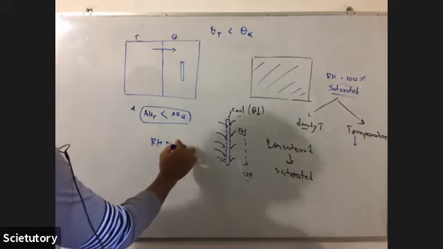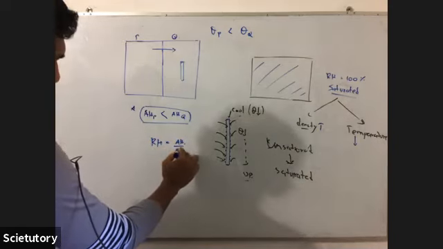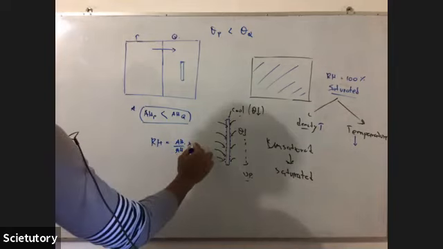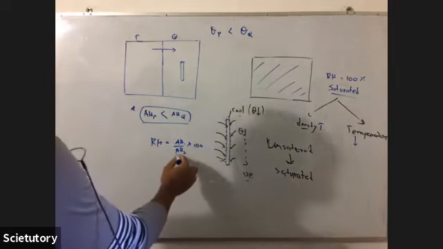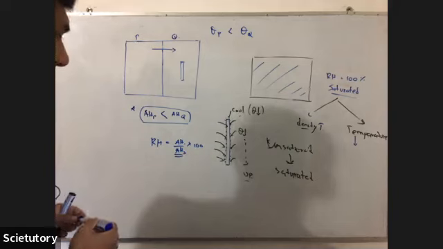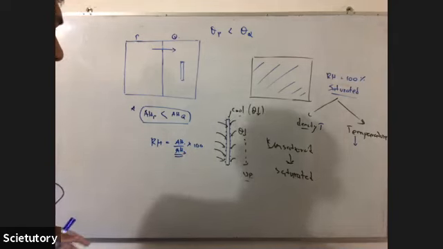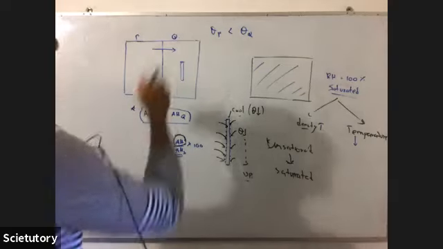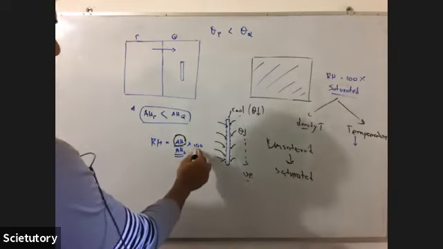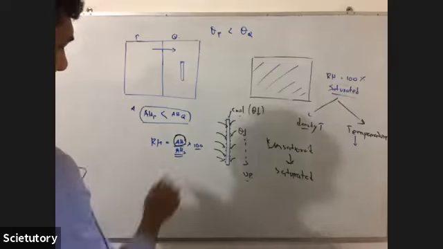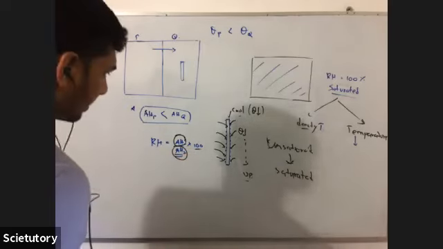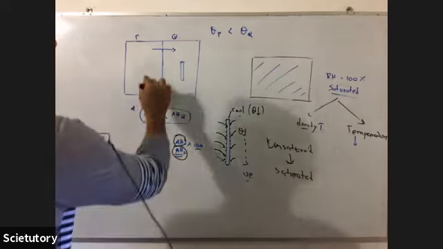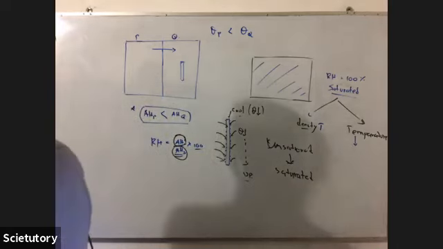RH is equal to AH over AHS into 100. Okay, so AHS means the density of saturated water vapor. AH means the density of the water vapor there now. 100 is for the percentage. So this AHS and AH differ for these two rooms, P and Q.